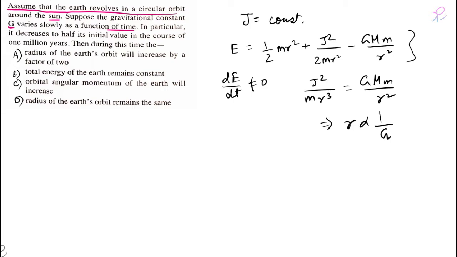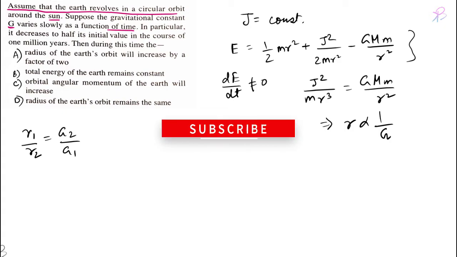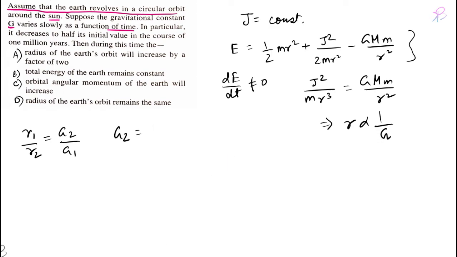And then we can write that r1 by r2 is equal to G2 by G1, right? Now it is said in the question that the value of G decreases to half after 1 million years. So let's say G2 is equal to G1 by 2. Then we can write that R2 is equal to 2 times R1.